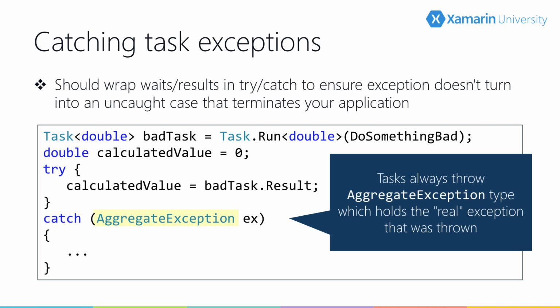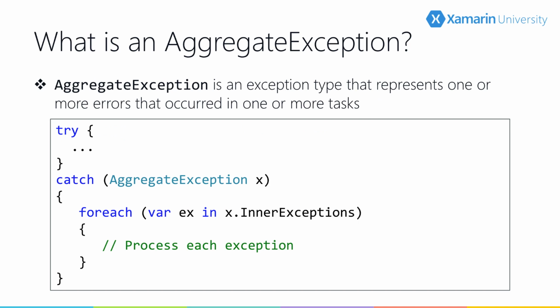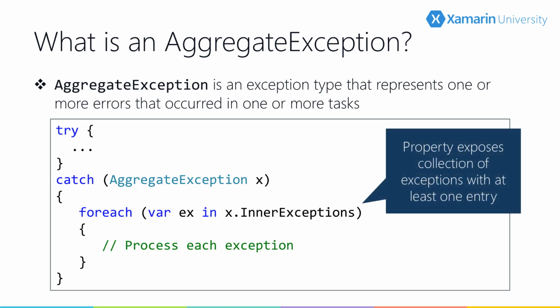If we catch the aggregate exception, we can figure out what went really wrong, because the aggregate exception has got an InnerExceptions property. You can iterate over all the exceptions that have occurred, and one of them will be our divide by zero exception.